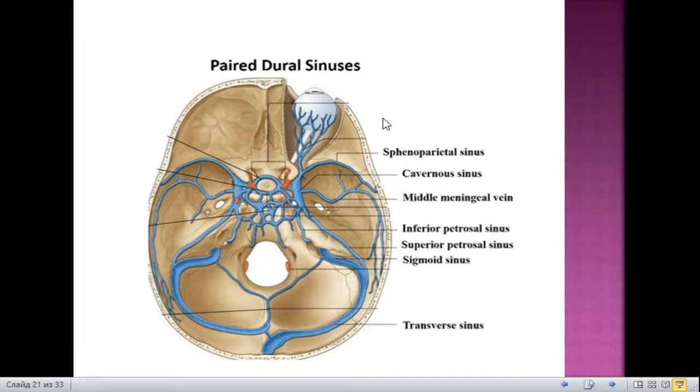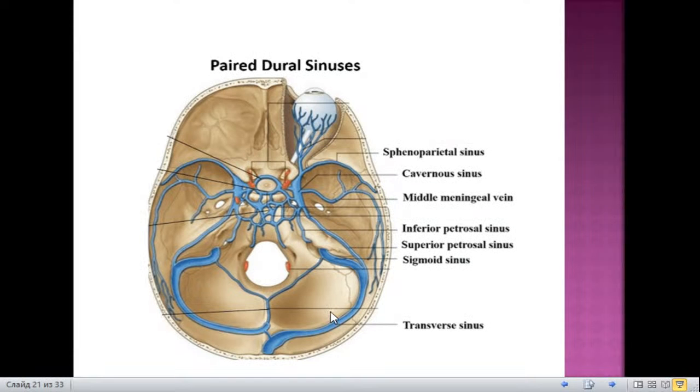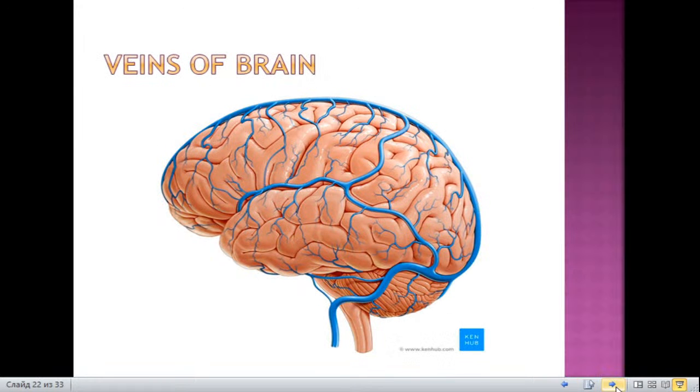They collect blood from the eyes. So these are veins of the brain. We will not talk about all of the veins of the brain, but I will say something for you. So look.